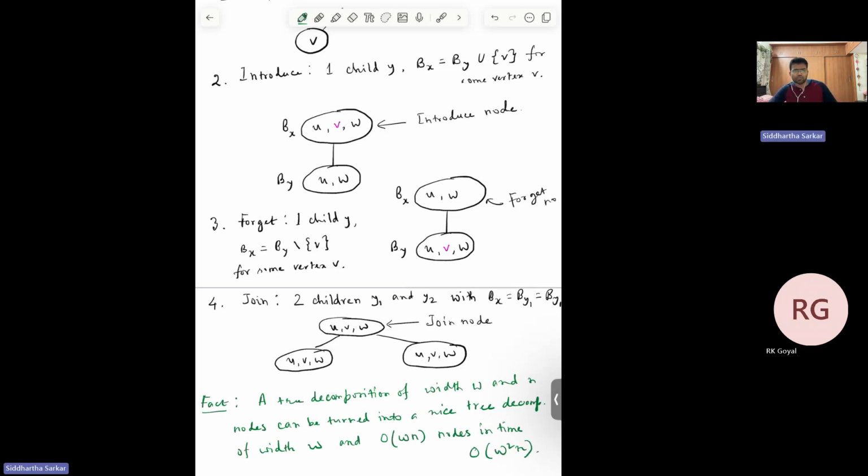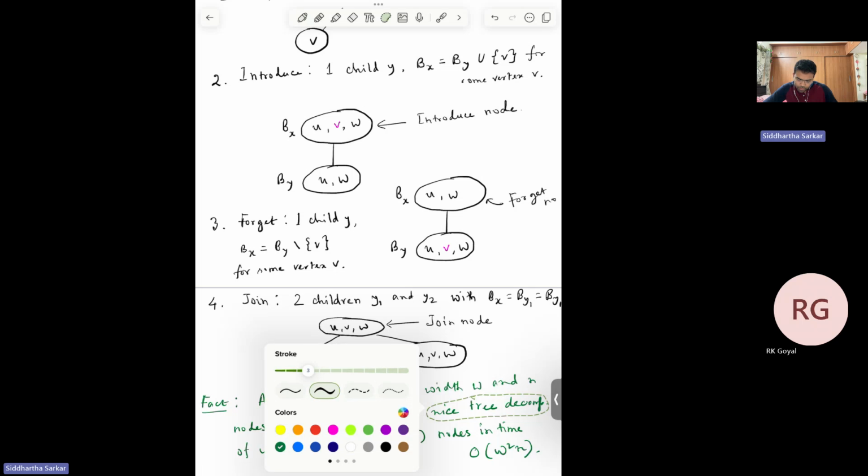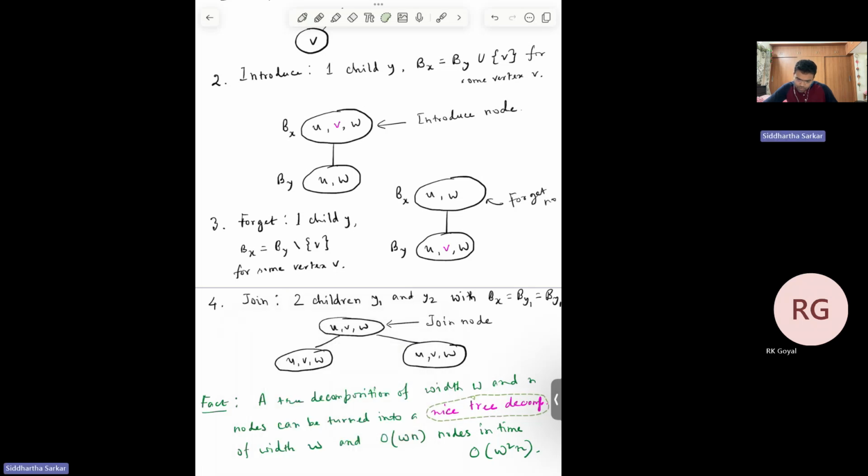So the running time is also not too much. If the width is constant, then we can obtain a nice tree decomposition from a given rooted tree decomposition in roughly linear time. That is also good news.